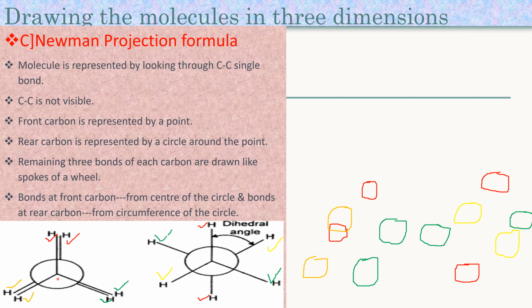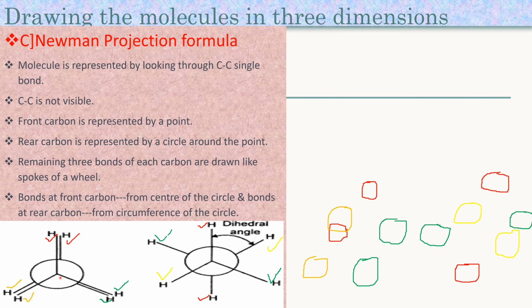Now look here, this is the central first carbon atom in the form of a point or dot, and there are 3 hydrogen atoms around it which are shown by simple lines, and they are like the spokes of the wheel. Similarly, hydrogen atoms or groups on the rear carbon atom are also represented like the spokes of the wheel.